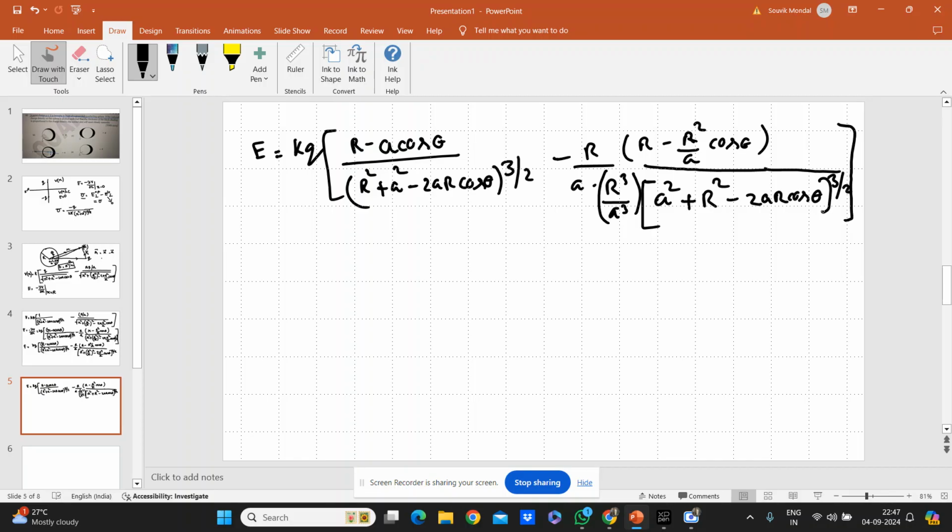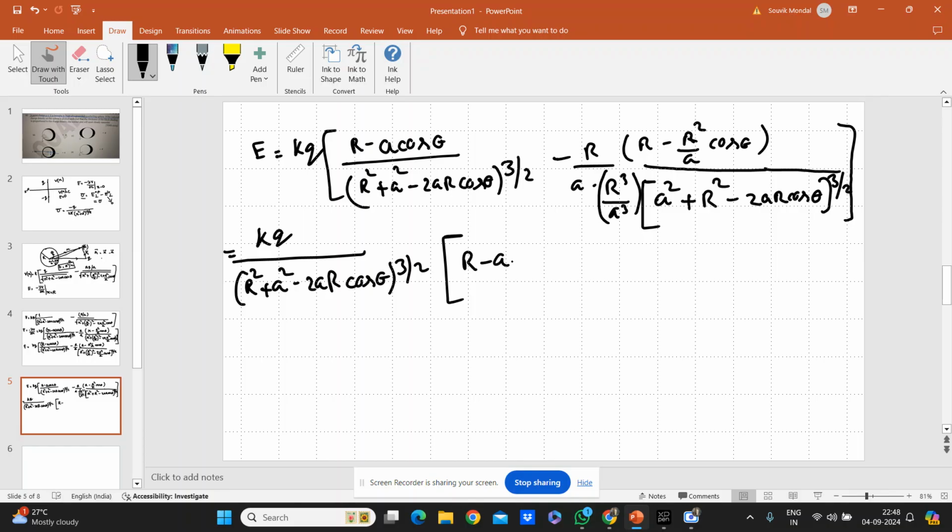So this manipulation is a bit tricky. You can check that. Otherwise, you cannot take the denominator common. Now you can take the denominator common. So now I am taking this factor outside the bracket. Now what remains is r minus a cos theta, then r square by a square minus a square by r, plus a cos theta.